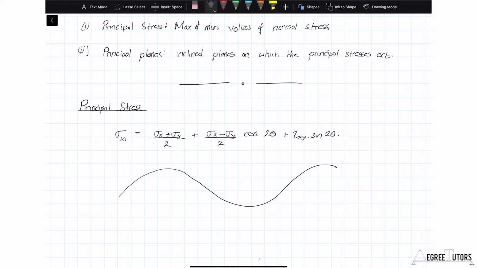If I differentiate that equation, I end up with an expression that gives me the slope at any point. And if I want to find the local maximum, I would identify the point where the slope of a tangent to the curve is going to be horizontal if that's the maximum point. So that's what we're going to do here.